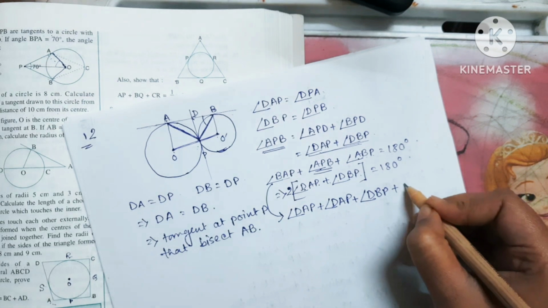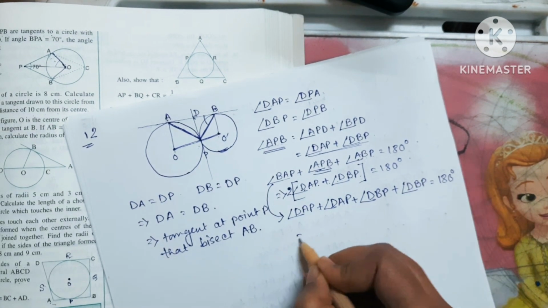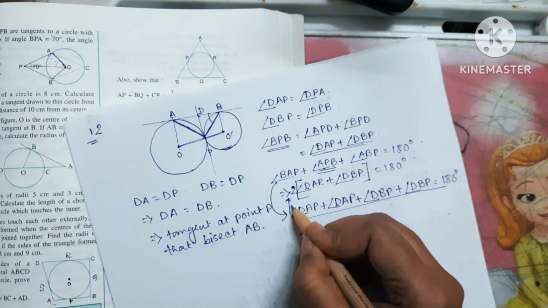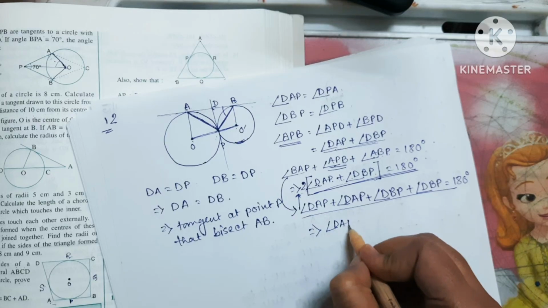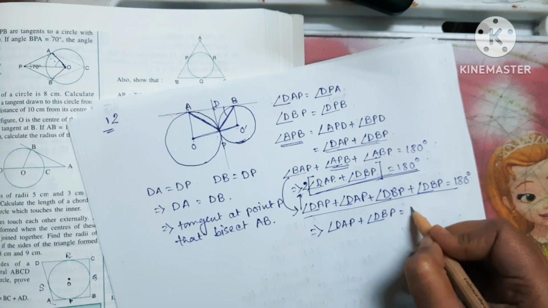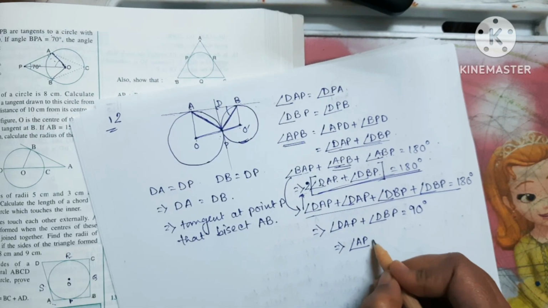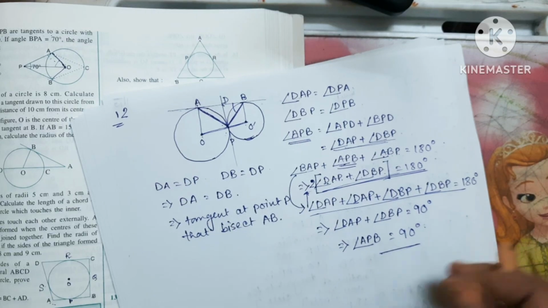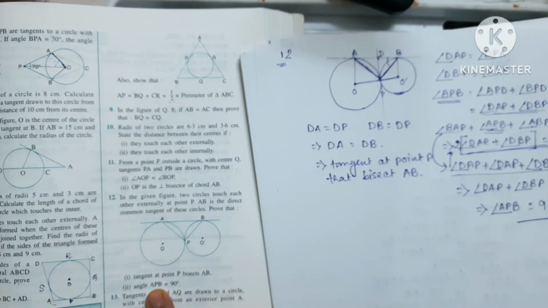So plus DBP is 180 degrees. After this step, from here you can write angle DAP plus angle DBP is half of 180, that means 90 degrees. So that means angle APB is equal to 90 degrees. Understood? This is the second part, angle APB is 90 degrees.